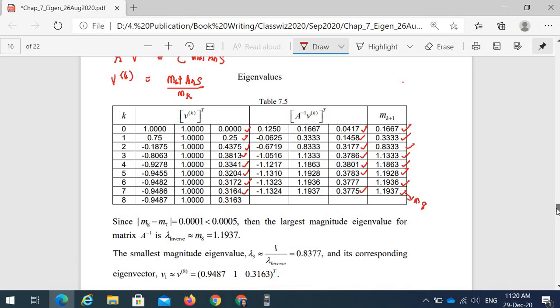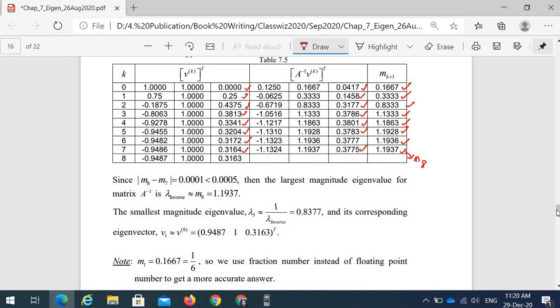Hence the smallest eigenvalue, lambda 3, is approximately equal to 1 over lambda inverse, which is 0.8377.